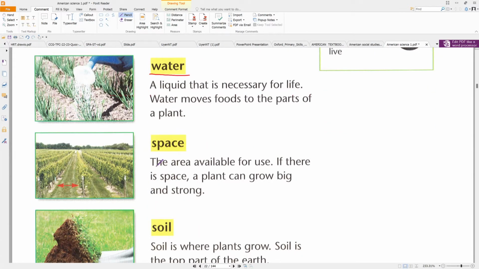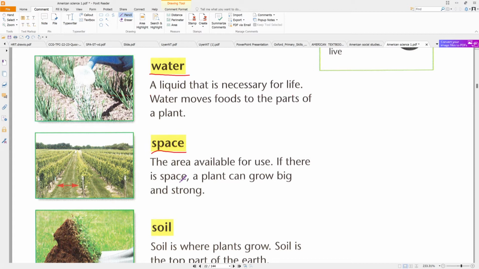So the next word is space. What is space? The space is the area available for use. Available for use means it's used for plants to have more space. If there is space, a plant can grow big and strong.